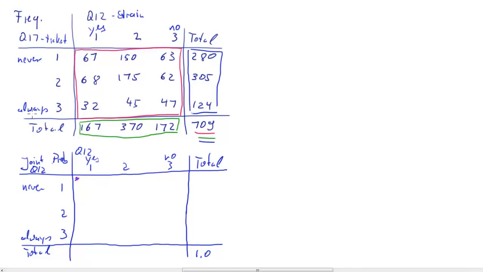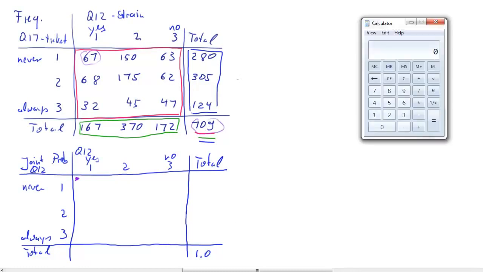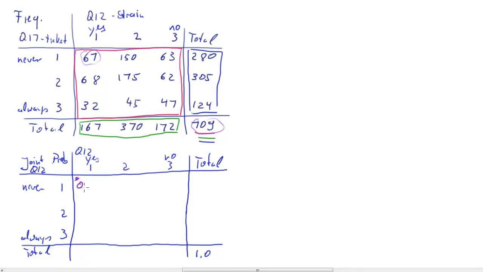So let's start with the joint probability of Q12 answer 1 and Q17 answer 1. Actually, that should be in the column label, should be Q17. So we have 67 who answer 1 and 1 out of 709. We calculate that. 67 divided by 709, what we get is 0.094. So that's our joint probability for this.